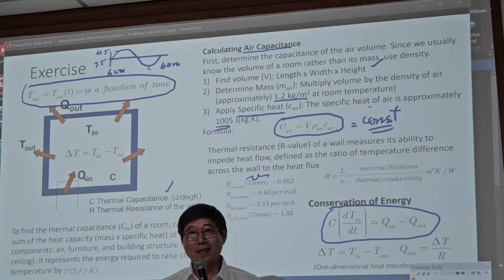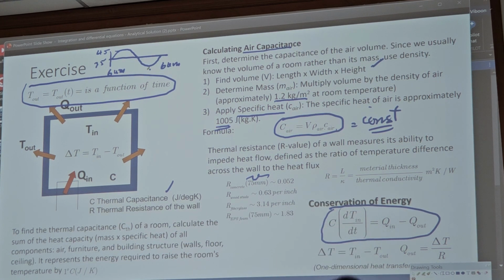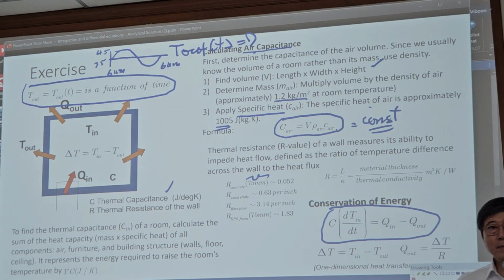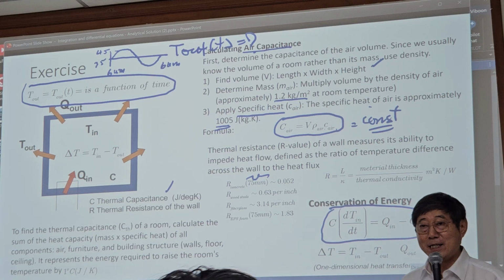Okay? So, how can you find T out? I can find T out. Is Q in a constant? It's constant, it depends on us. Q in is a constant anyway.